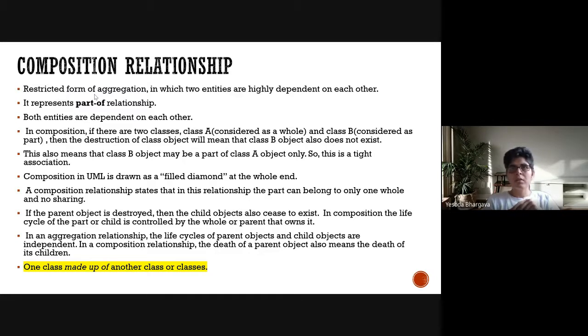In class diagrams, the composition relationship is shown exactly like an aggregation relationship, the difference being that the open diamond is now blackened out.